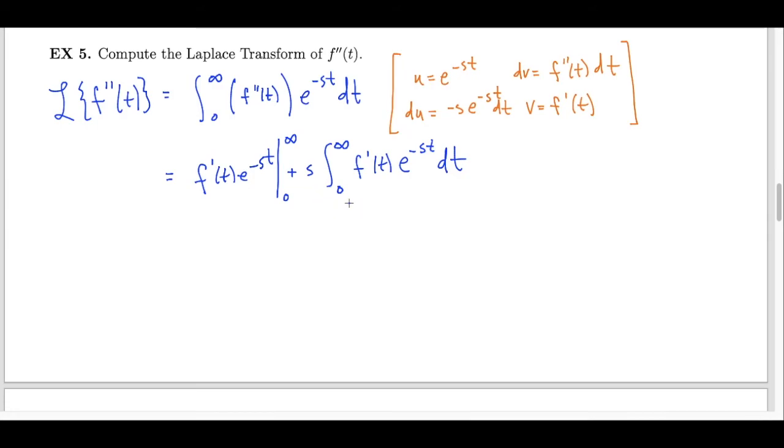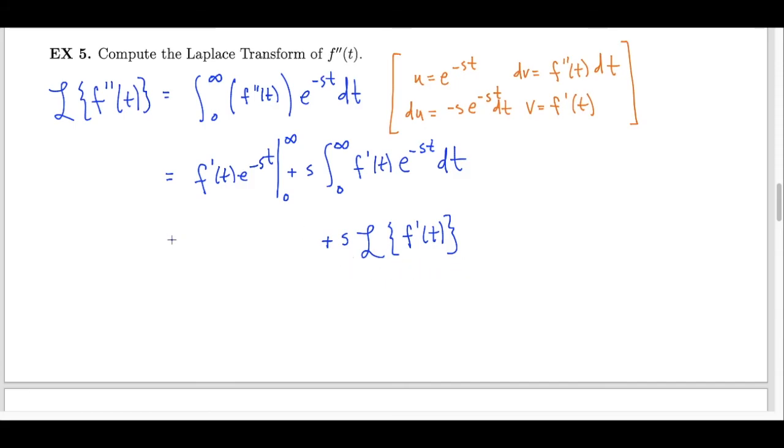Namely, the integral from 0 to infinity of f prime e to the negative st dt is exactly the transform of f prime. So I've made that identification that this integral is in fact the Laplace transform of f prime of t. In a sec, when I'm done with this first term, I'll scroll back up and figure out what this quantity is and make the appropriate substitution.